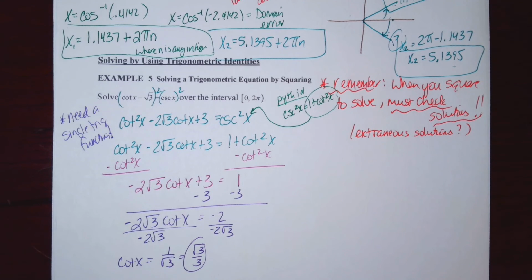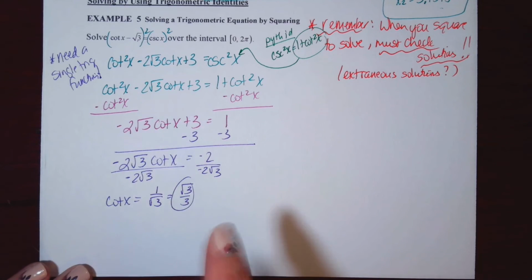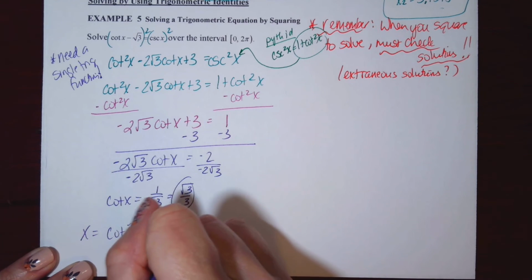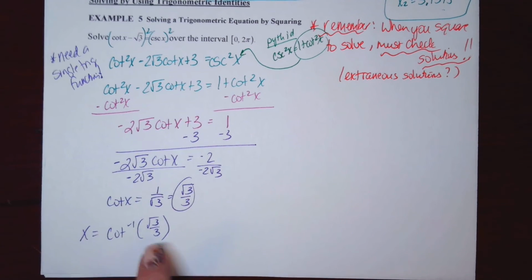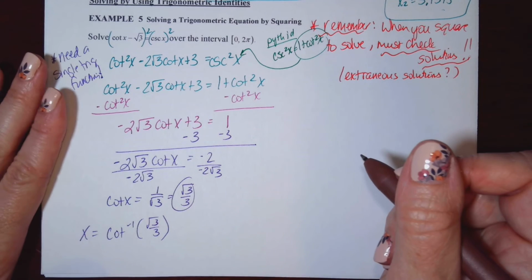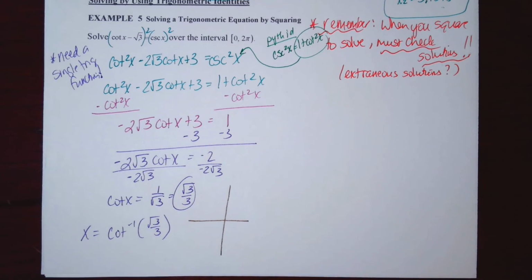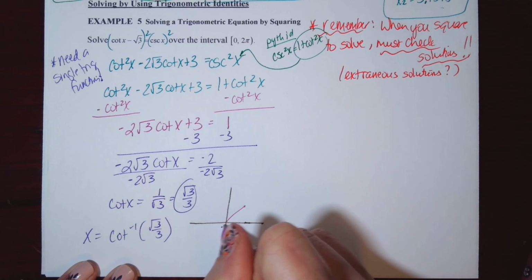Okay, now we're in business. I'm looking for the angle x whose cotangent function value is square root 3 over 3. This is going to be special angles because that's a cotangent value that I recognize. We're not going to need our calculator because it's special angles. I can look at my unit circle. Cotangent is positive in quadrant 1 and quadrant 3.